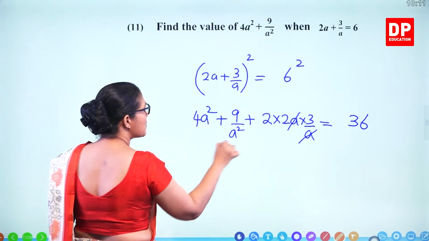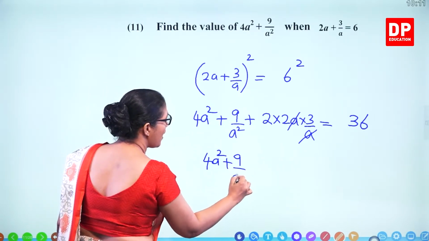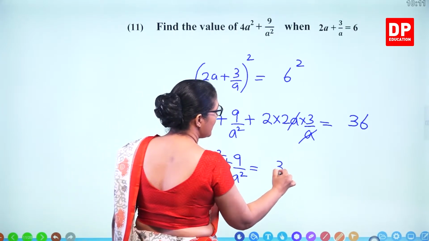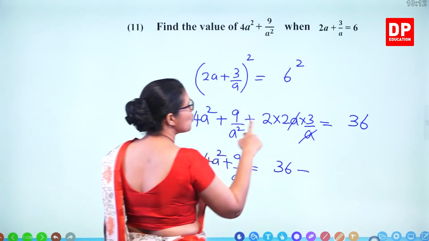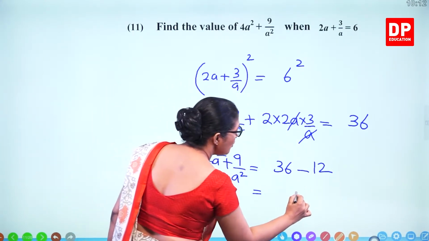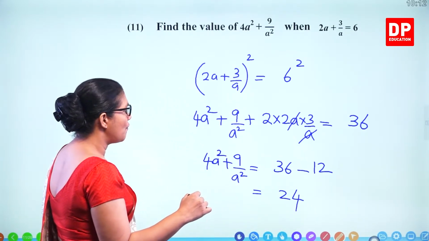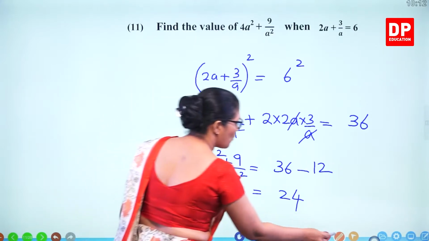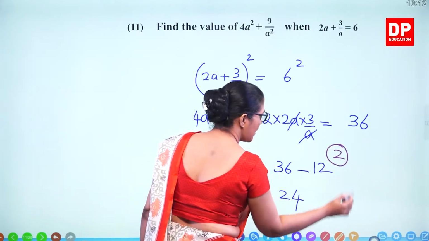So we need this part: 4a squared plus 9 over a squared is equal to 36 minus, what's this answer? 3 times 2, 6. 6 times 2, 12. You get 24. So 24 is the answer. So 2 marks for that.